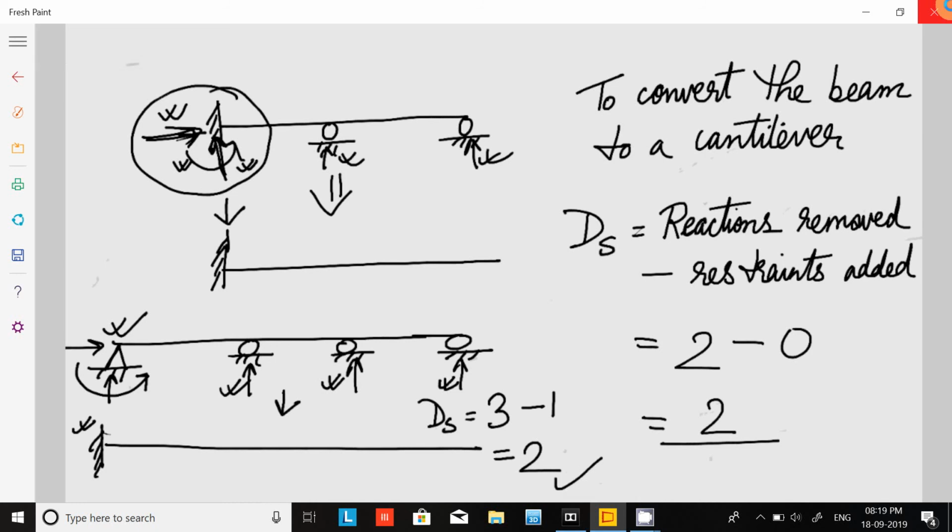So this is the way of making the beam into a cantilever, and finally finding out the static indeterminacy by using this procedure. It's not that for the cantilever the fixed support should be considered at the left end. We can consider it at the right end also. I can give you one example.